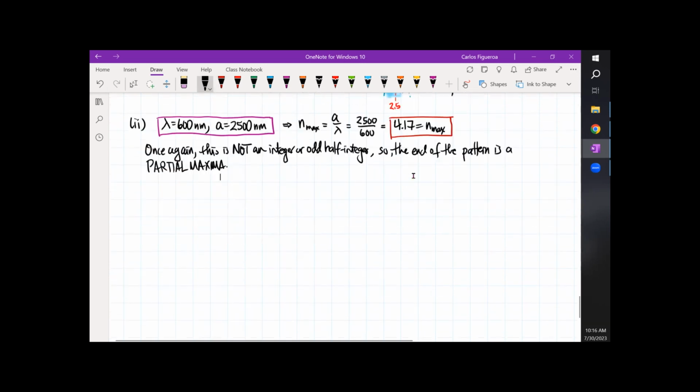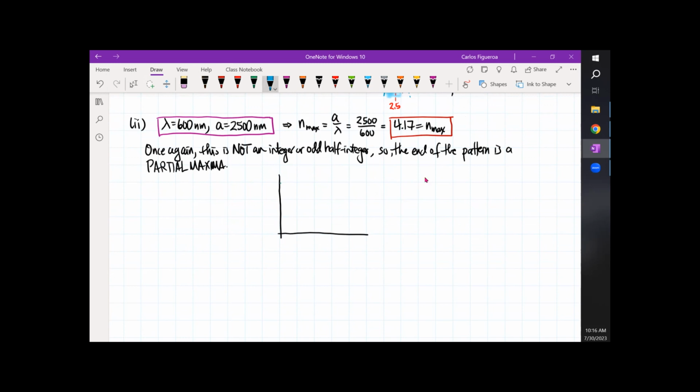So let's draw this pattern out. Because it's 4.17, we have to go past 4 minimas.